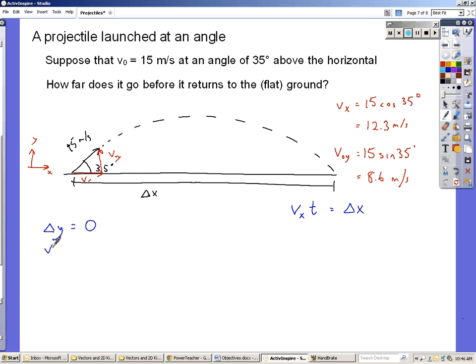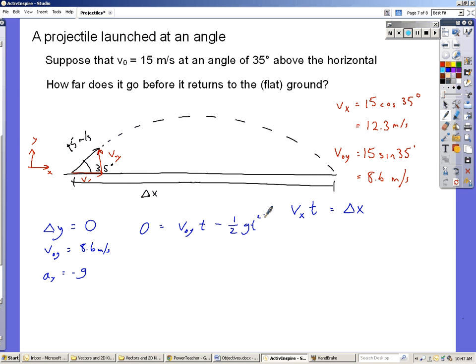And we know v naught y is 8.6 meters per second, and we also know that ay equals negative g. What we're looking for is t. For this, we'll want to use the second kinematic equation. So we'll say that 0 equals v naught y times t minus 1/2 g t squared, and solve for t.